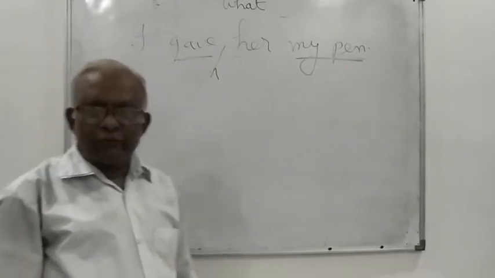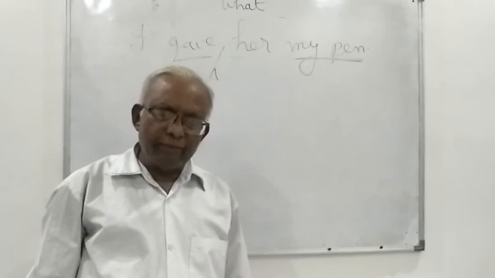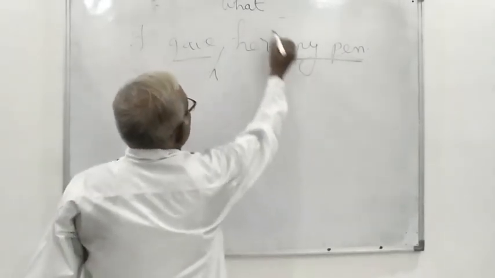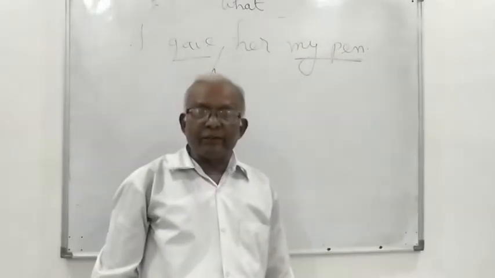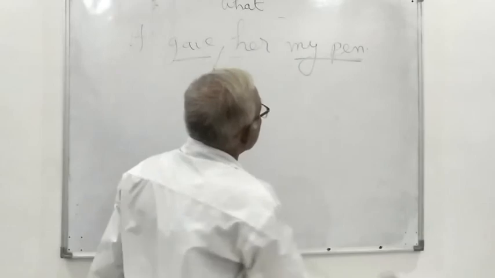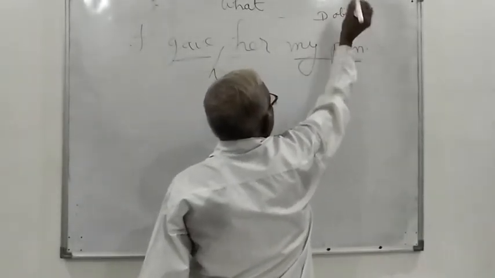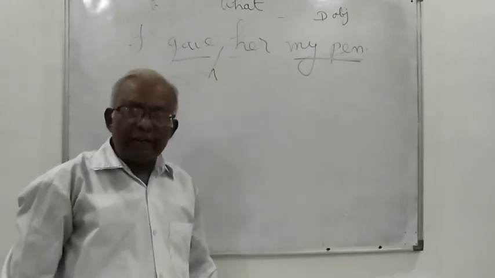Therefore, pen is the object. Now let's be clear. This object, which is the answer to the question what, is called direct object. Now why do they call it direct object?